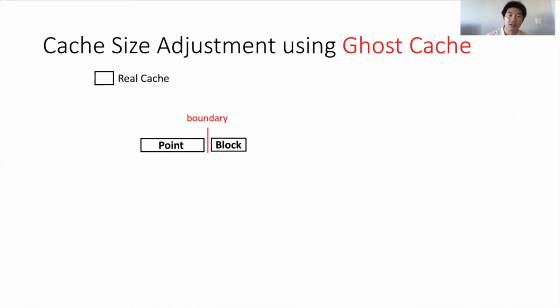The point cache, as we mentioned before, comprises both the key-value cache and the key-pointer cache. We will explain more detail in later slides. At a high level, we have a boundary between the block cache and the point cache. How do we adjust the boundary between those? The answer is using ghost cache.